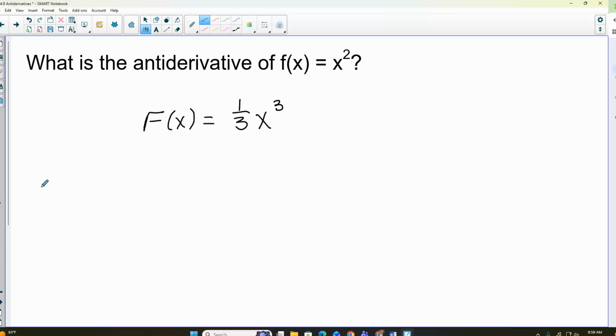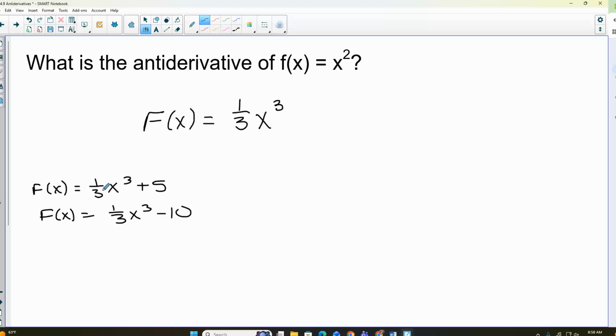Okay, let me ask another question. What is the derivative of 1/3 x cubed plus 5? Still x squared. Okay, what if I said the derivative of 1/3 x cubed minus 10? Still x squared. So is there just 1?